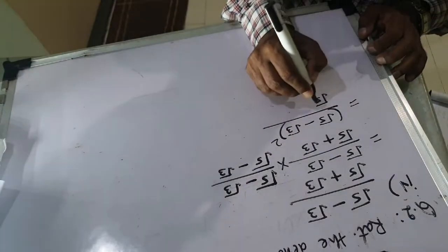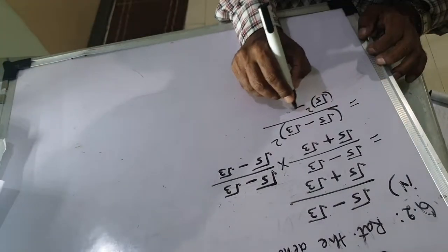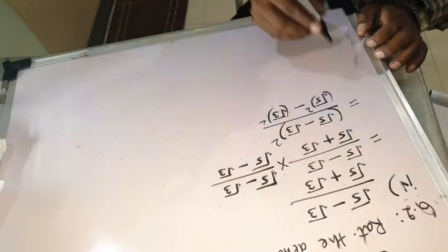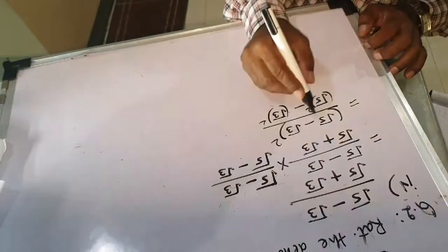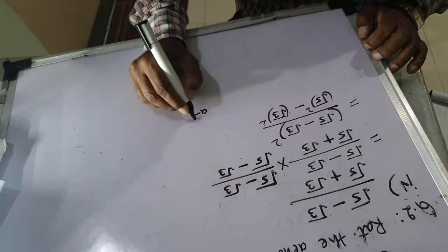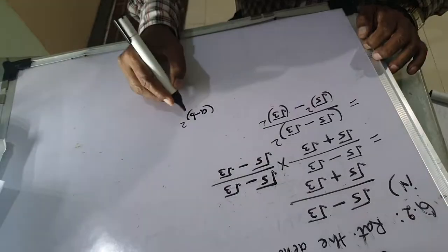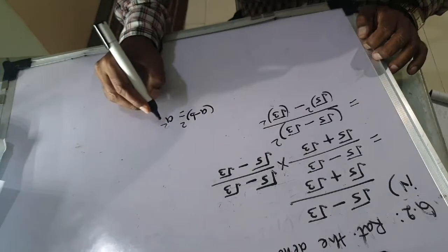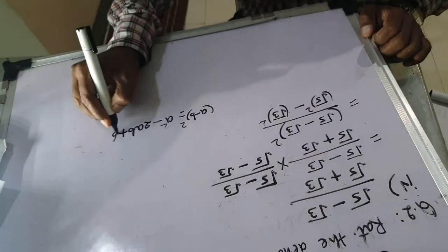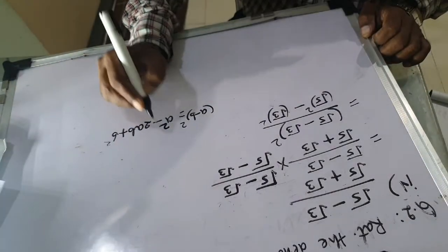So root 5 square minus root 3 square. So that is equal to. Now a minus b bracket square, I have to use this formula. A minus b bracket square is equal to a square minus 2ab plus b square. So this formula I have to apply here.